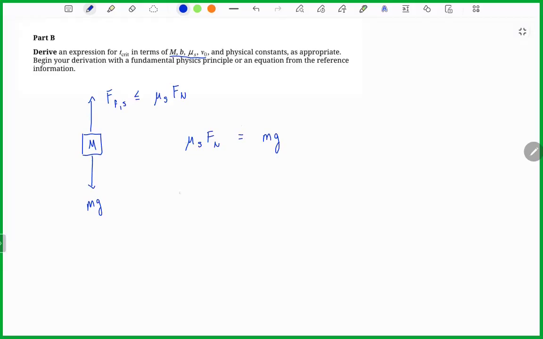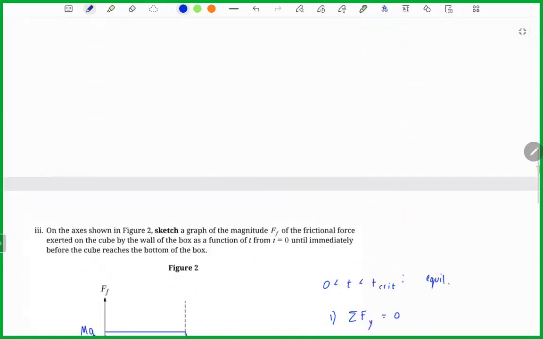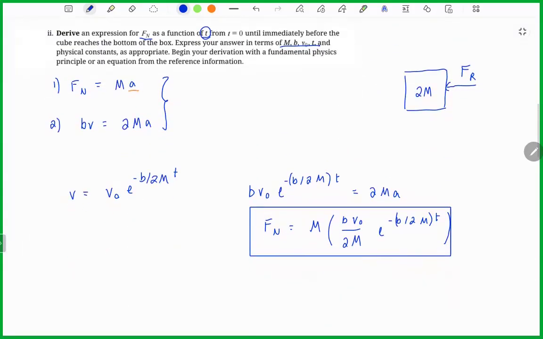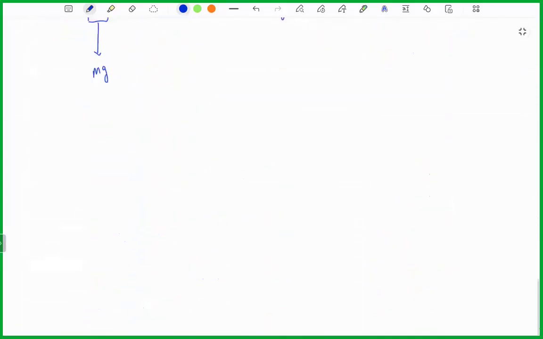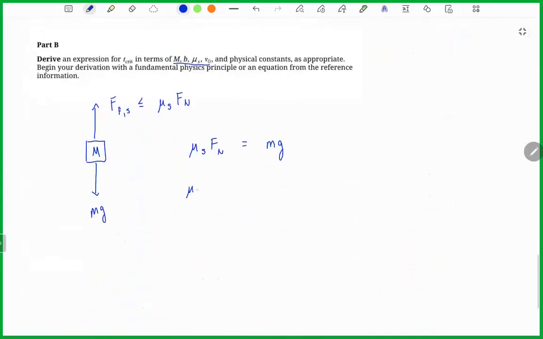Now we pull our earlier information, which is that Fn is equal to b v naught over 2 e to the minus b over 2m times t. So mu s times b v naught over 2 e to the minus b over 2m times t, and set that equal to mg. And at this point, all we need to do is solve for t critical.